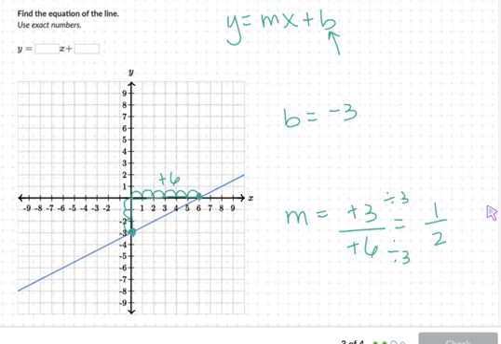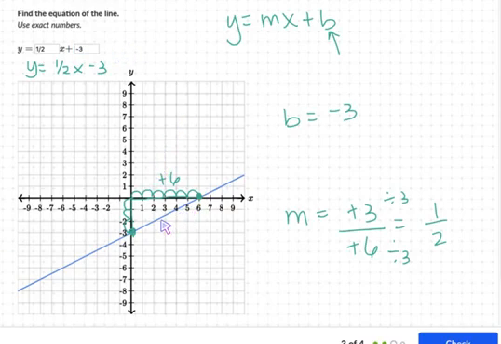So our answer is y equals 1/2 x plus -3. You could also write it as y equals 1/2 x minus 3, but they have a plus sign there, so we got to put in that -3.